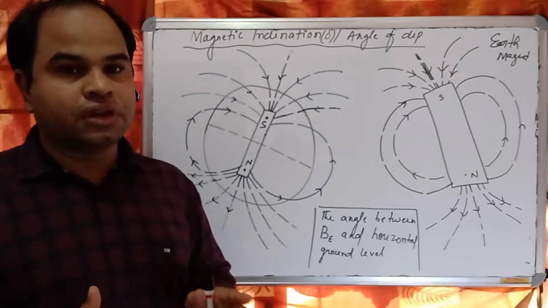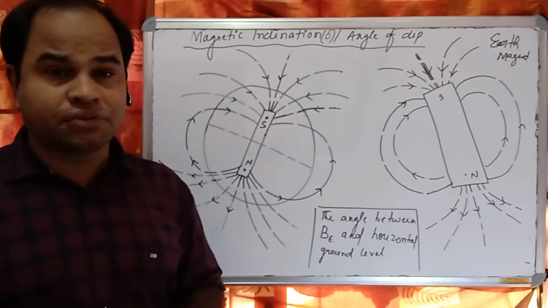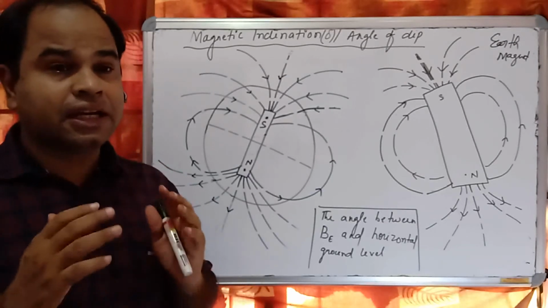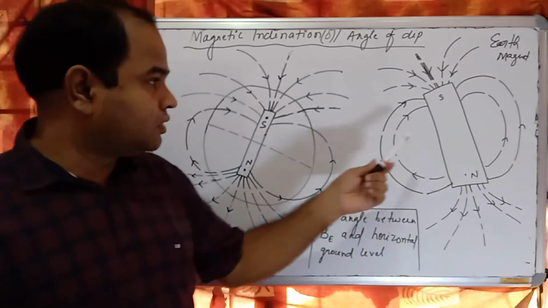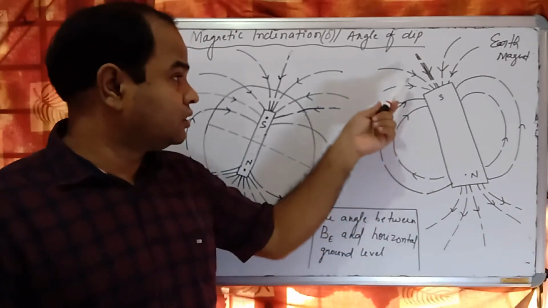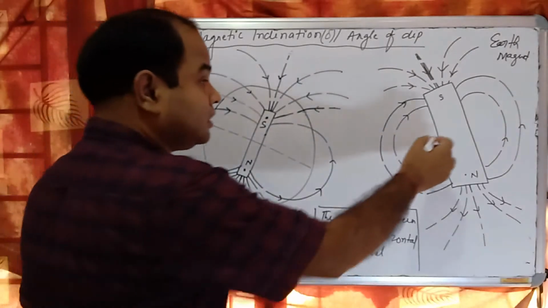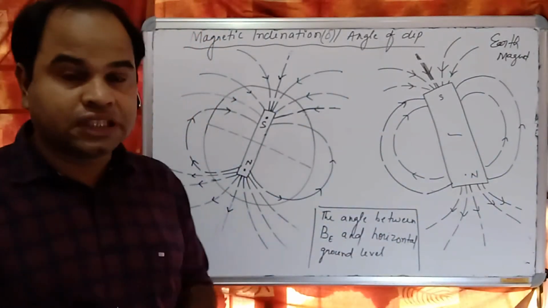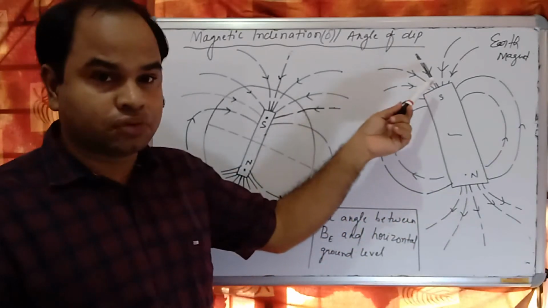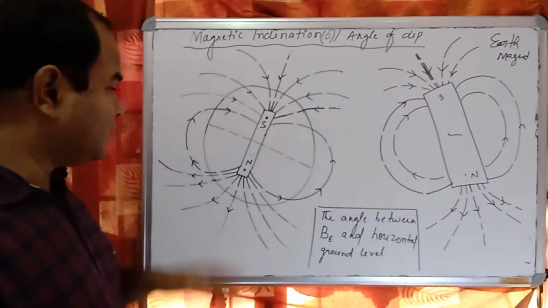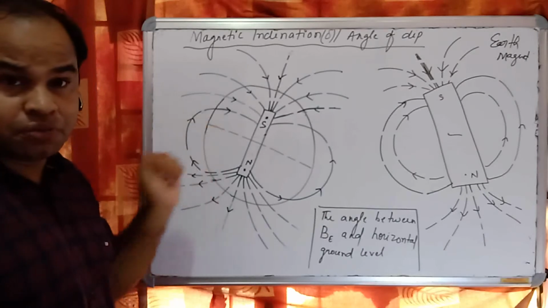So it will have a magnetic field around itself and it will produce magnetic field lines. This diagram shows the field lines of this Earth magnet. The field lines start from the North Pole and end in the South Pole. So this diagram is important.